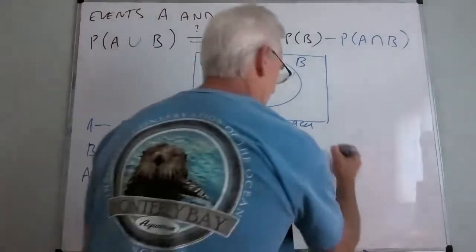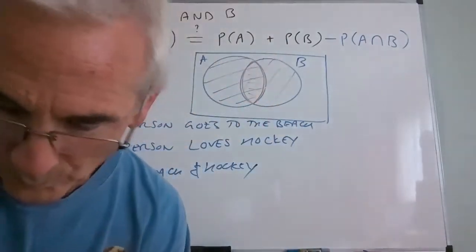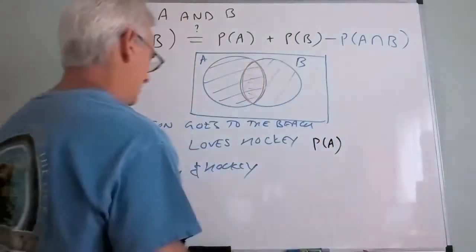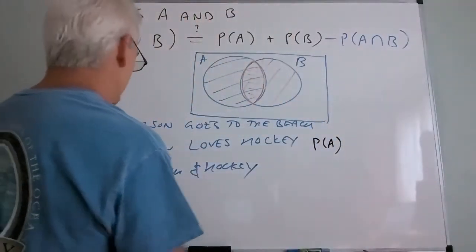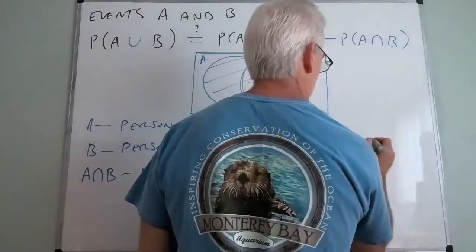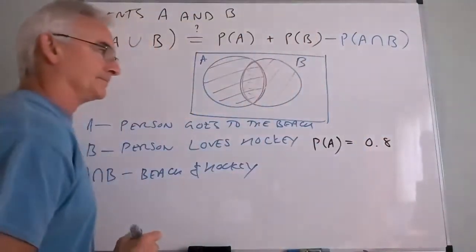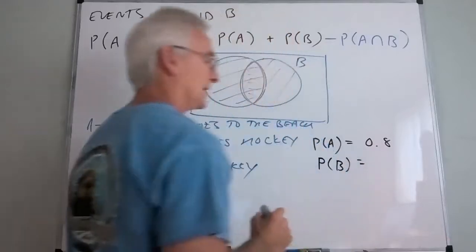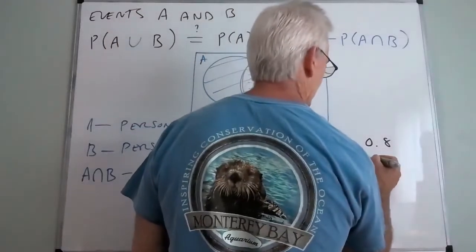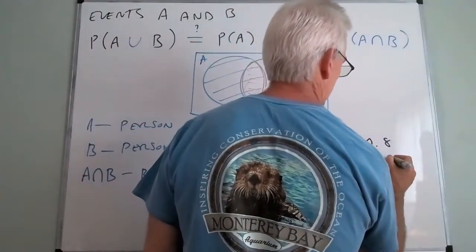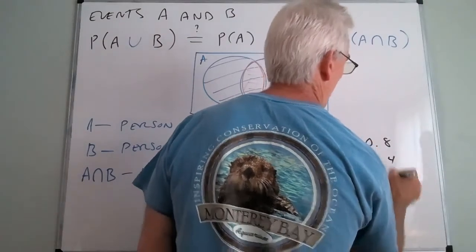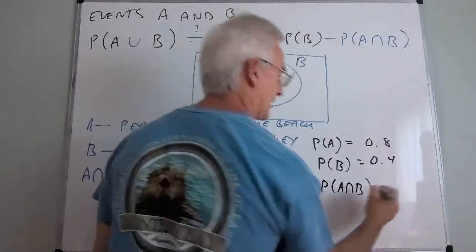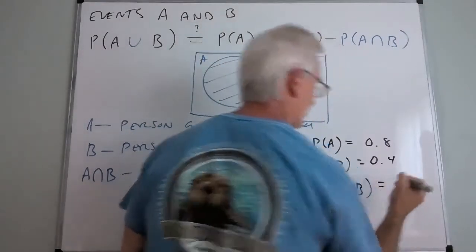Of course, we know that's a huge percentage of San Diegans right there. Now, we went out and measured, and the probability that somebody in San Diego is a beachgoer was 0.8. The probability that somebody is a big hockey fan was 0.4. And the people in San Diego that were beach-going hockey fans was 0.3.